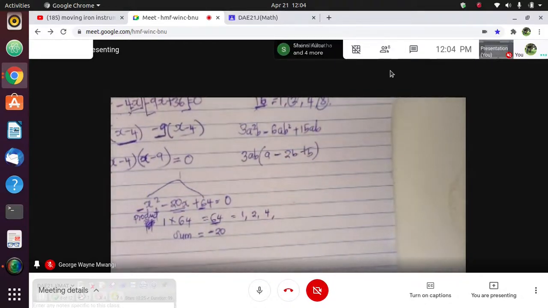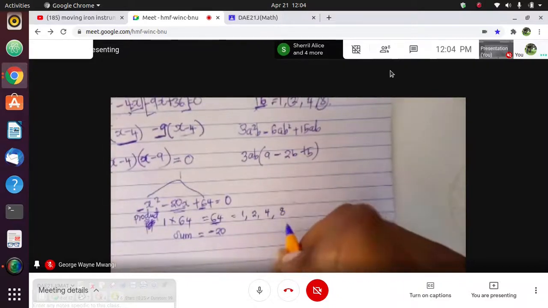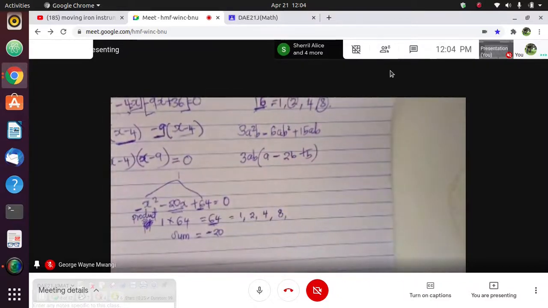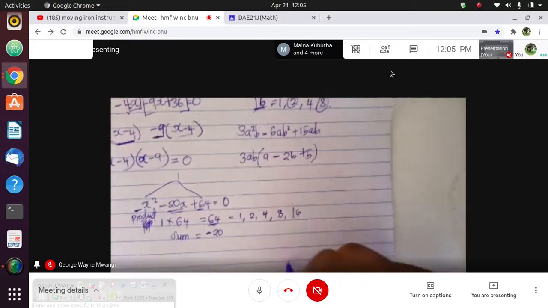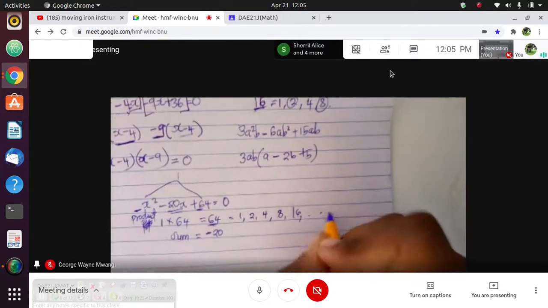It is not. 8? Yes. 9? It is not. 10? It is not. 11? It is not. 12? It is not. 13? It is not. 14? It is not. 15? No. 16? Yes. 16 is a multiple of 64 and so on.